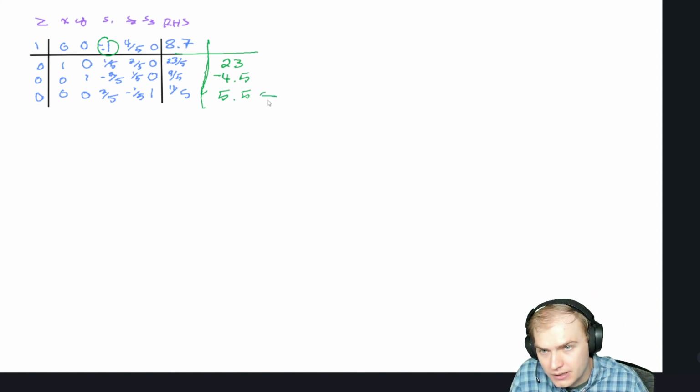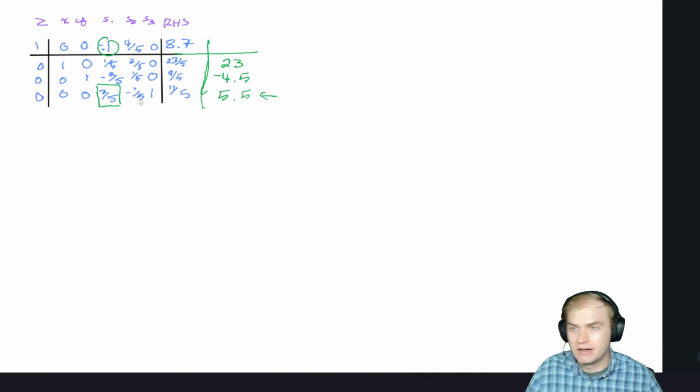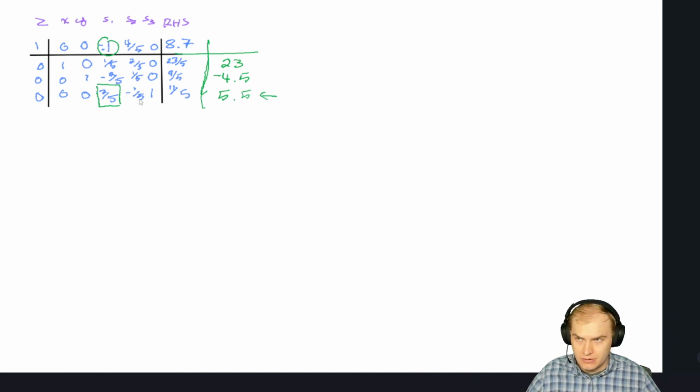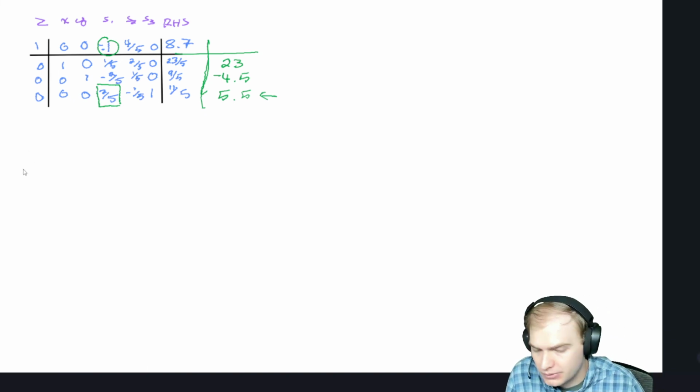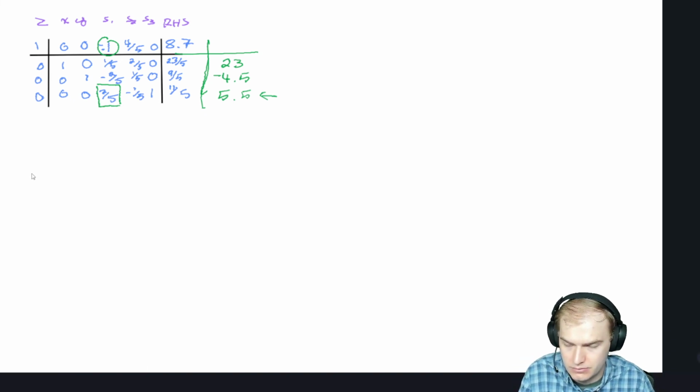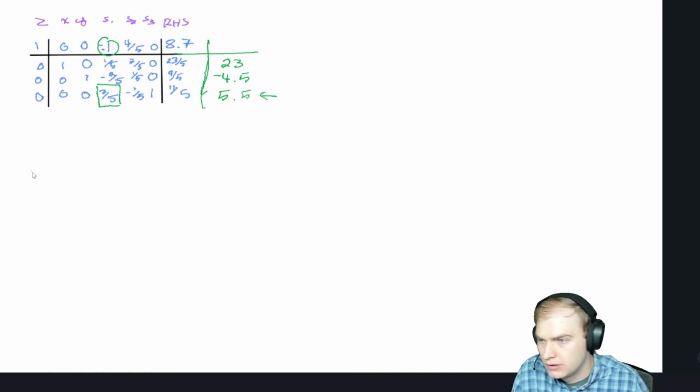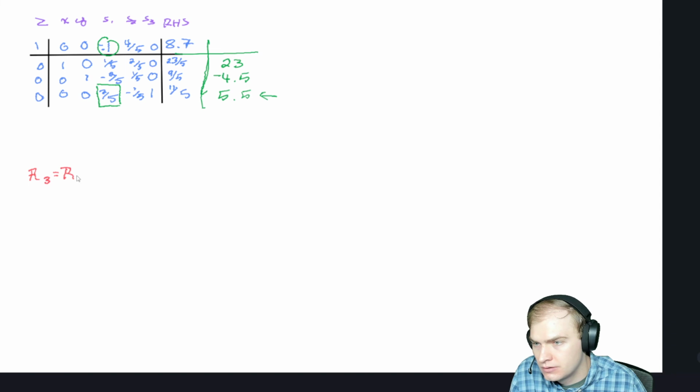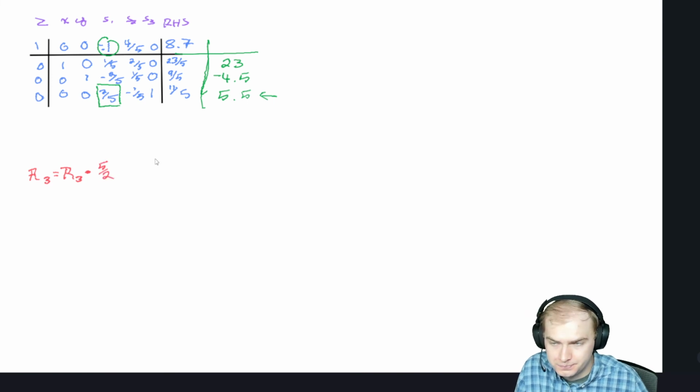This is our smallest positive, so we're going to pivot on that entry, which means we're going to start by row 3 is row 3 times 5/2.